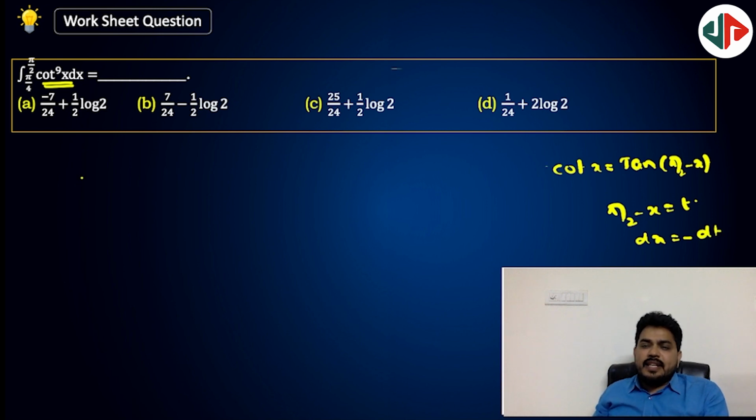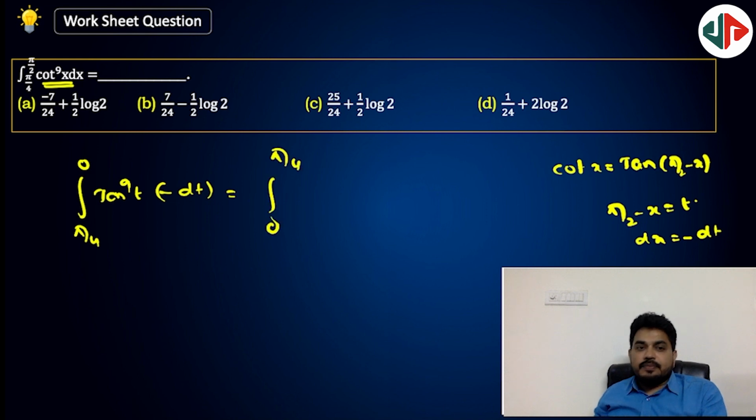So it is the integral of minus dt and this value will be tan power 9 of t. At x is equal to pi by 4, t is equal to pi by 4, and the other limit gives 0. So it is equal to the integral 0 to pi by 4 of tan power 9 t dt.